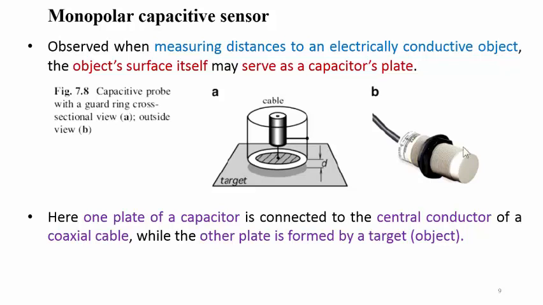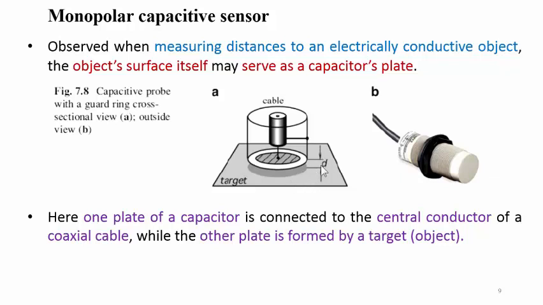In this mechanism we can see the capacitive probe with the guard ring in cross-sectional view in figure A, and the outside package of the capacitive sensor in figure B. Here one plate of the capacitor is connected to the central conductor of the coaxial cable, while the other plate is formed by the target.